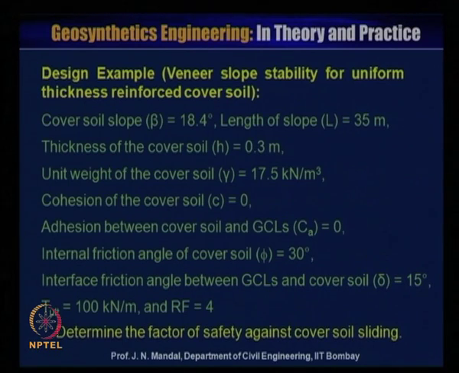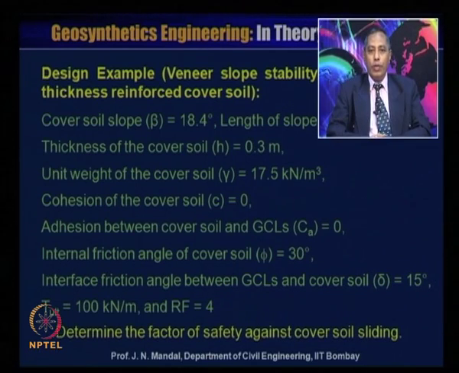Let us say the cover soil slope β is 18.4 degrees, length of the slope L is equal to 35 meters, thickness of the cover soil H is 0.3 meter, unit weight of cover soil γ is equal to 17.5 kilonewton per meter cube, cohesion of the cover soil C is equal to 0, adhesion between cover soil and the geosynthetic clay liner CA is equal to 0, internal friction angle of cover soil φ is equal to 30 degrees, interface friction angle between the geosynthetic clay liner and cover soil δ is equal to 15 degrees, and tensile strength of the reinforcement T ultimate is equal to 100 kilonewton per meter, and cumulative reduction factor RF is equal to 4.